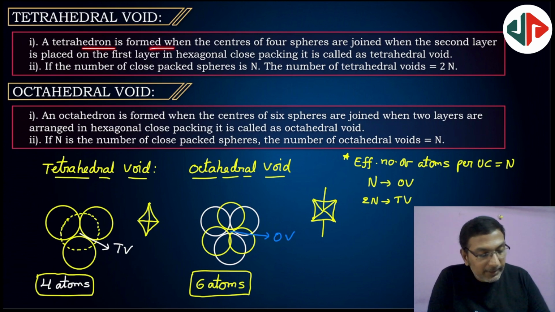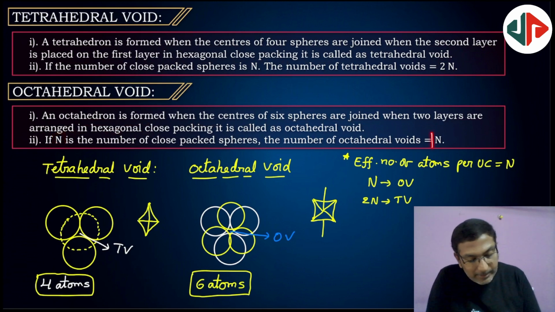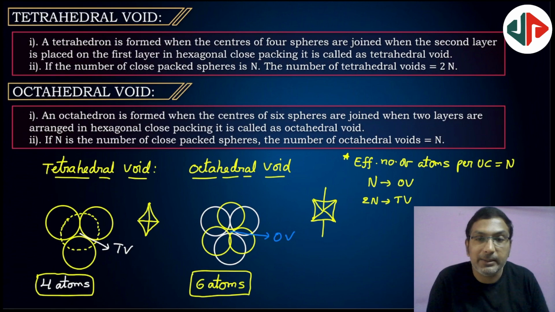A tetrahedral void is formed when 4 spheres are joined. If the number of closed packed spheres, that means effective number of atoms, is n, then tetrahedral voids 2n. Octahedral void is formed when centers of 6 spheres are joined when 2 layers are arranged in hexagonal closed packing. Next, if effective number of atoms n, then octahedral voids also n. Same number of octahedral voids.